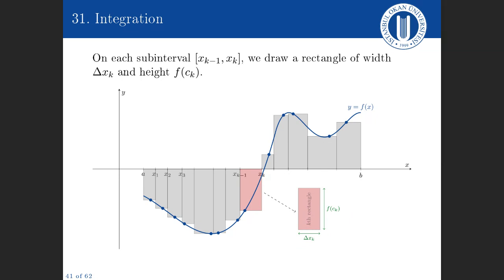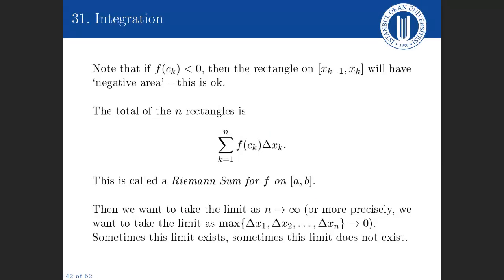If our function is positive, we're going to have a rectangle of positive height. That's okay, that's what we want. So if our function is negative, we're going to have a rectangle with negative area. That's okay.